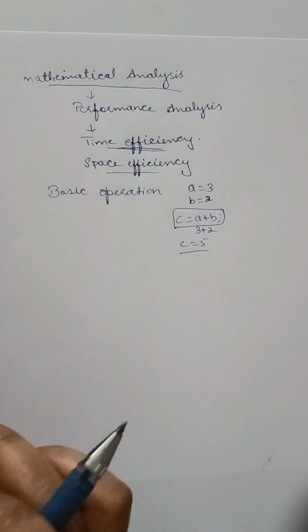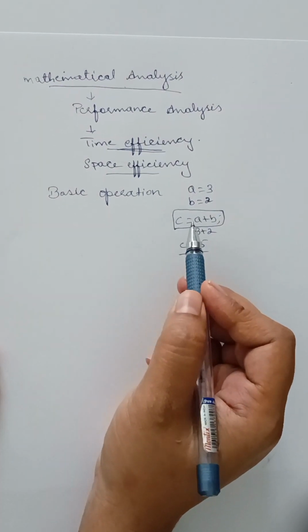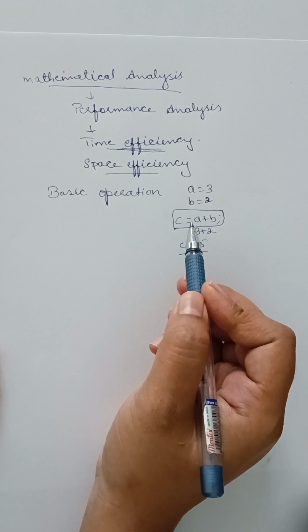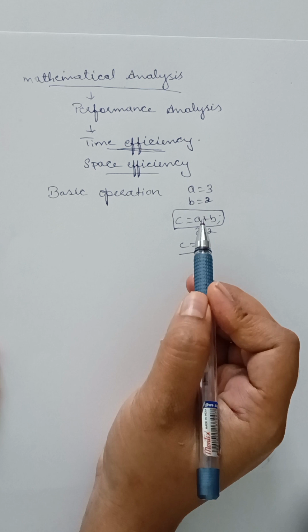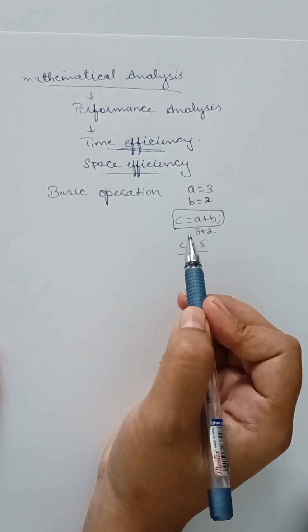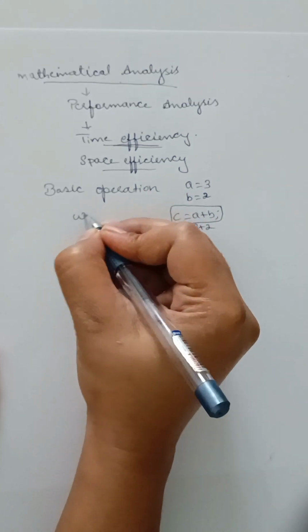The instruction which is executing a number of times, or repeatedly, if we are considering any of the instructions, then that is called the basic operation of the algorithm. Sorting or searching algorithms will have a while loop.